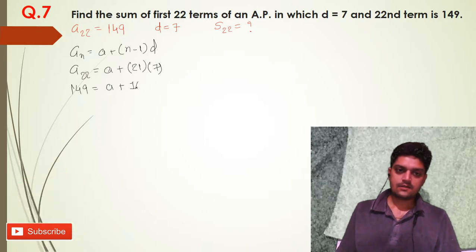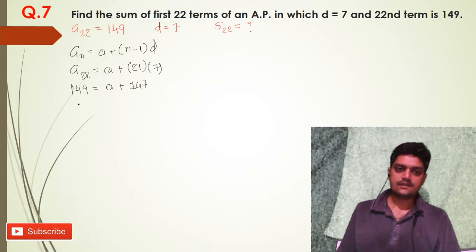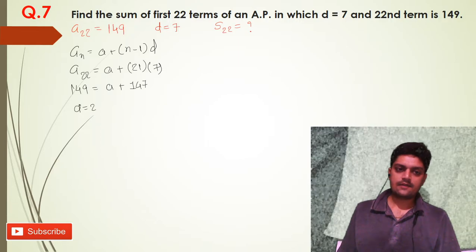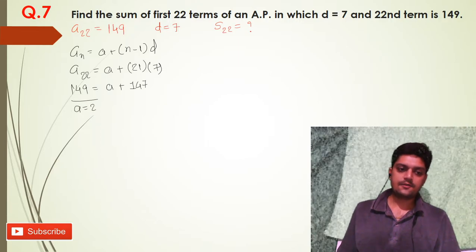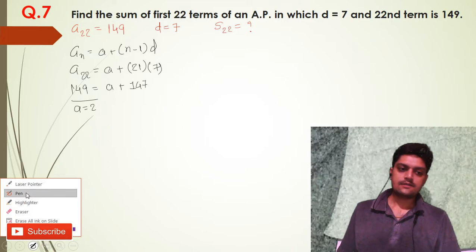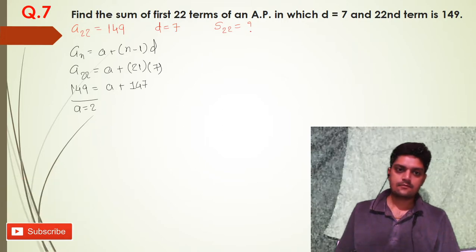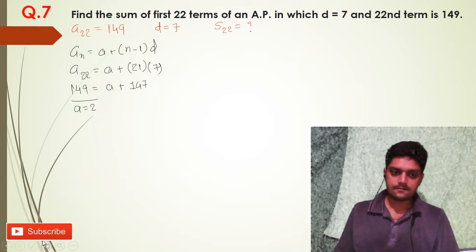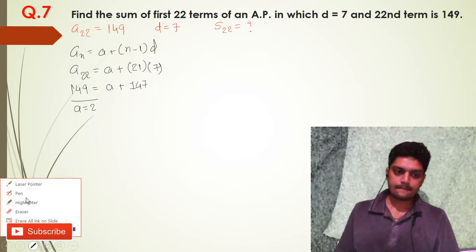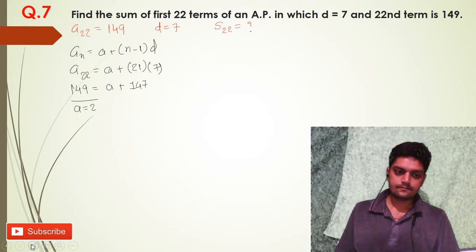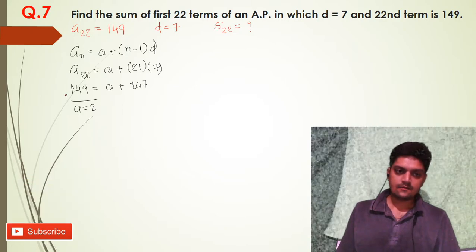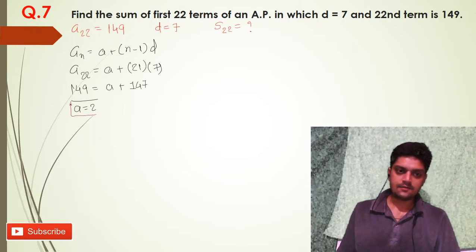That is 147. So directly here the value of a, easily you will get 2. Okay, so the value of a is 2.